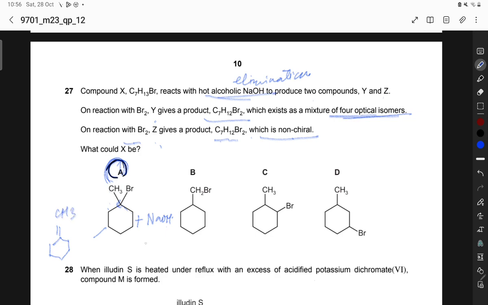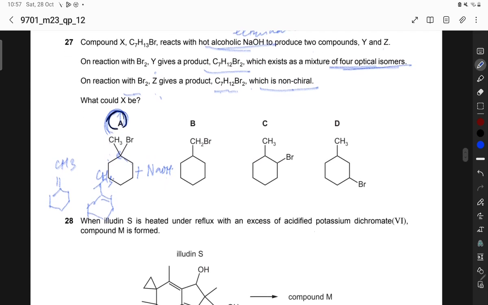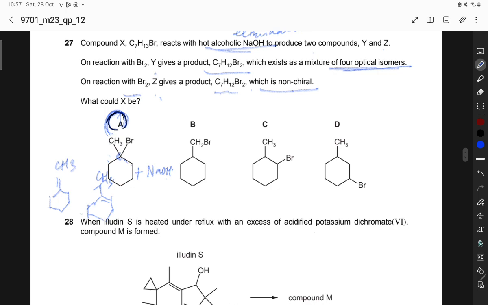One product is like this, with CH3, and the other product is like this, with CH3.